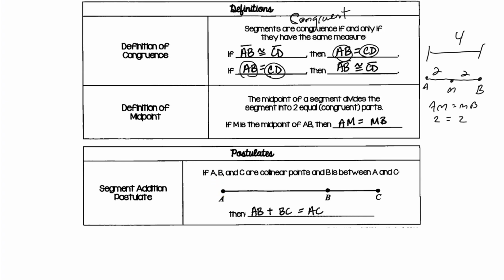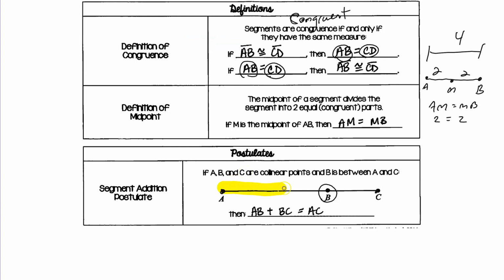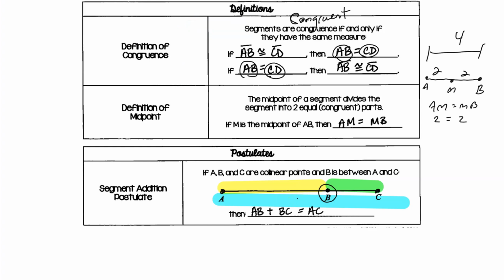It says if A and B and C are collinear, and B is between them, doesn't this portion here plus this portion here have to equal the length of the whole line when you put it together? If we put numbers to it, let's say that this whole line is 10. Well, if this is 7, this would be 3, so that would equal 10. Right? So the two smaller pieces always equal the whole.